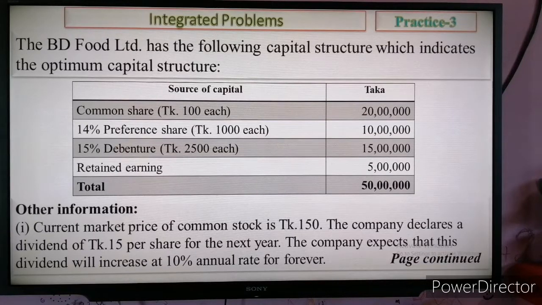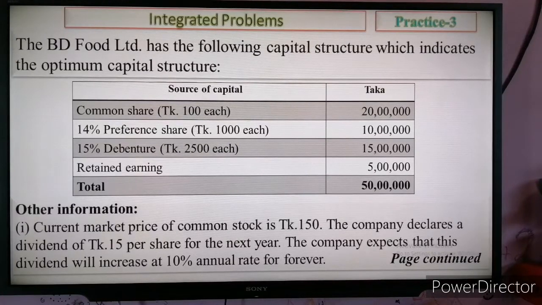So this is the optimum capital structure of BD Food Limited. Common share 20 lakh, 100 taka per common share; 14% preference share, 1000 per share, 10 lakh; 15% debenture, per debenture 2500 taka, 15 lakh; retained earnings 5 lakh; total capital is 50 lakh.